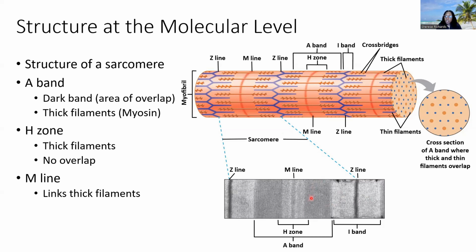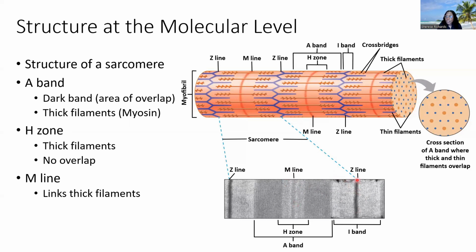It's going to be darker in its staining density because it actually has two proteins forming this region. And then the M line is the very center where the thick filaments, or the myosin filaments, are adjoined, hence the M for M line.